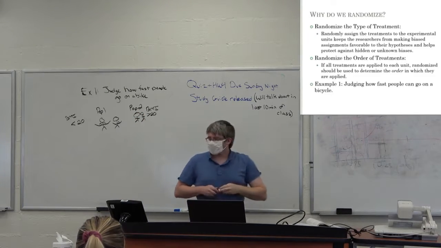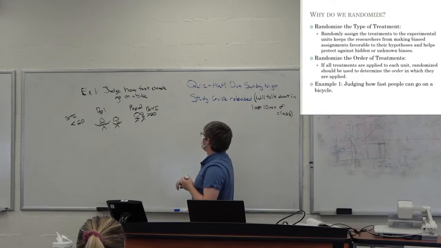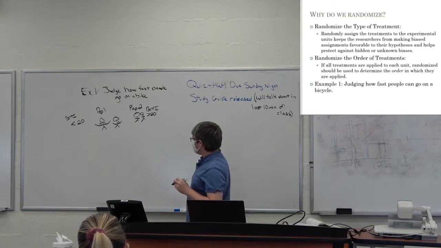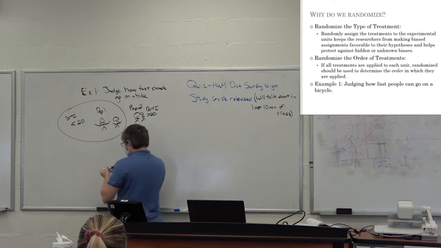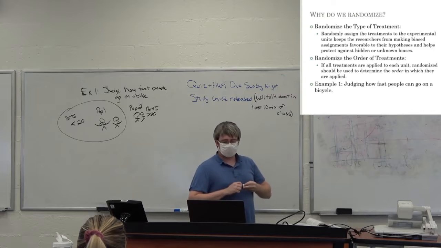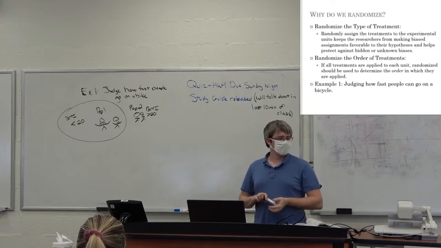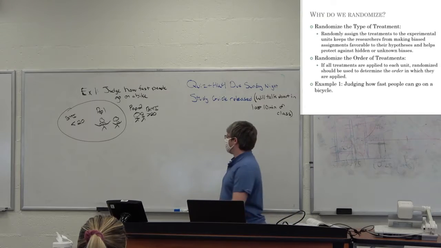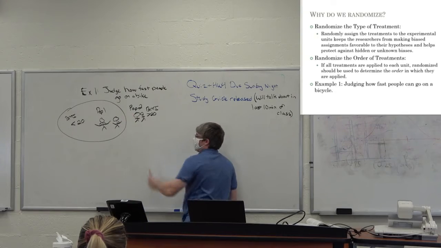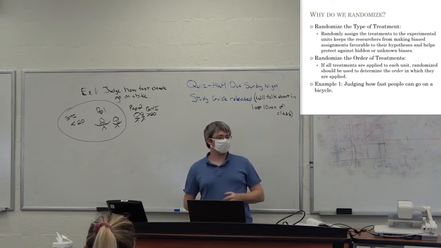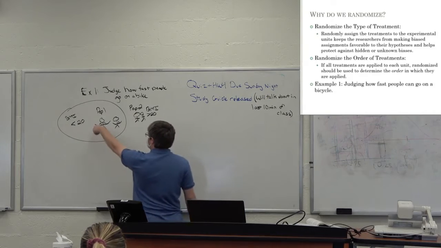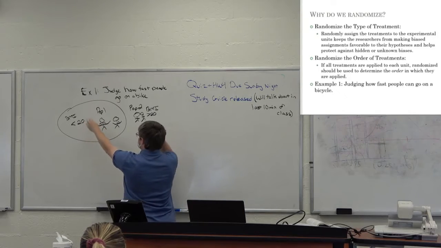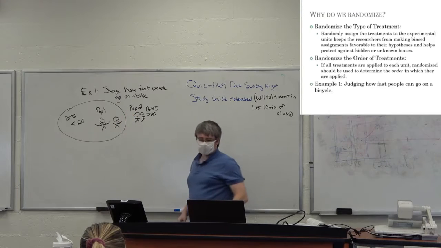Okay. So suppose I'm trying to judge how fast people go on a bike, and then I only test these people right here. What is that going to provide me information about? Is it going to provide me information about both populations together, or only about the fit people? Right, because if I'm taking a sample out of all these people, my sample is going to be representative to the fit people.